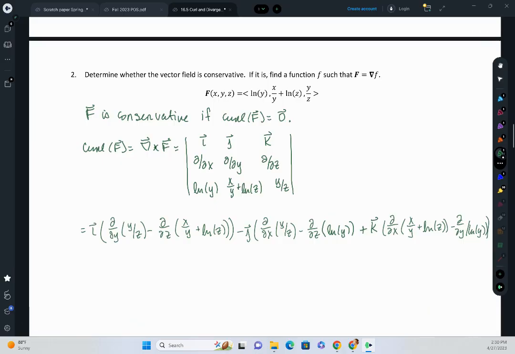Okay, let's go ahead and take derivatives. In the i hat component, del y of y over z is 1 over z, minus del z of x over y is 0, del z of ln of z is 1 over z. So that's my i hat component. This is so far so good. I'm going to get 0 in the first component.